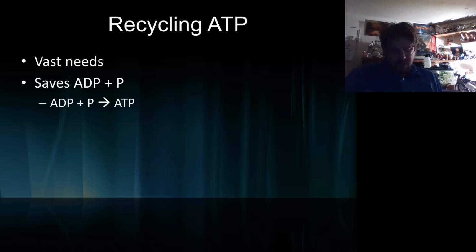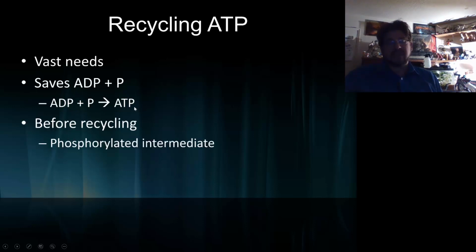So we have substrate level phosphorylation, in which you use a little bit of energy and directly bind the phosphate to the ADP to create ATP. And you have oxidative phosphorylation, which involves a fancy enzyme called ATP synthase. Either way, the whole idea is to recycle the ADP plus P into ATP.